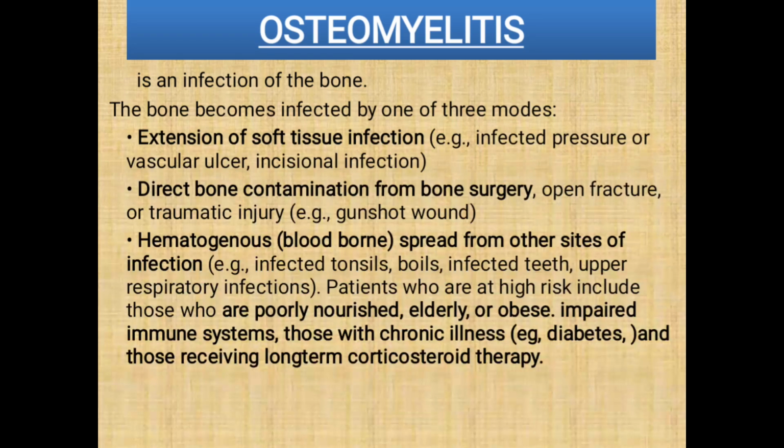Hematogenous infection inatoka kwingine hadi kwa bones. So most of the time hiyo ya surgery utapata kwamba hiyo direct bone contamination, hiyo bone surgery inaoka most of the time because of procedure yenye si sterile.